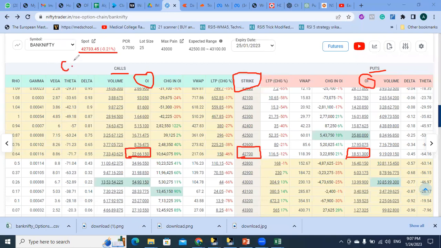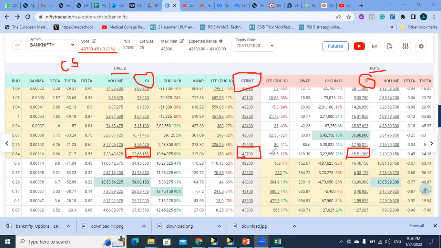What is the role of a call option seller? Will a call option seller want Bank Nifty to go up or want it to stay below this level?